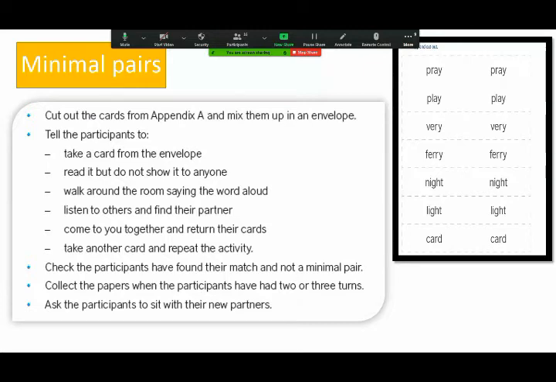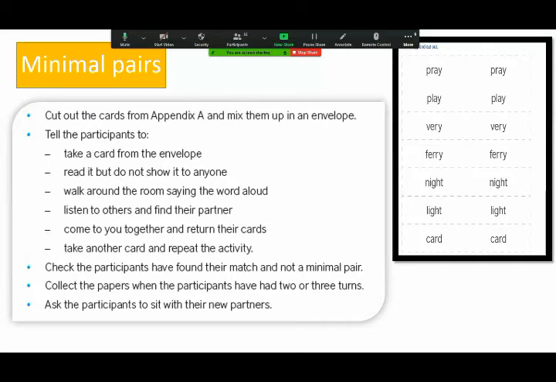Okay, so they have found their match. The first one will take the card pray, and he will search for the other one that has the same card, pray. Collect the papers when the participants have had 2 or 3 turns, and ask the participants to sit with their new partners. So they have the same word, pray, pray.